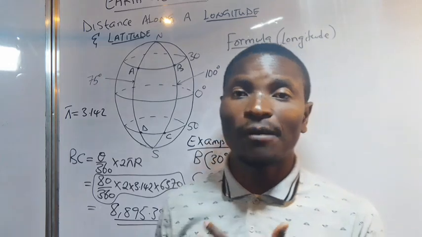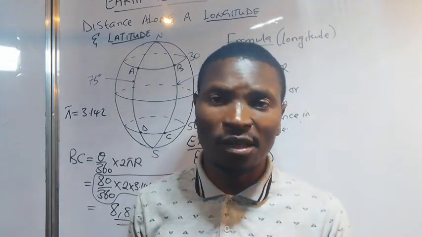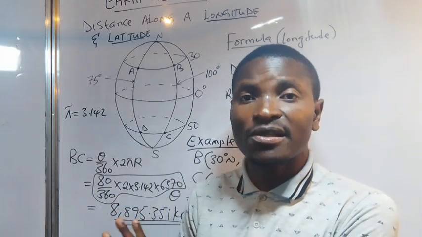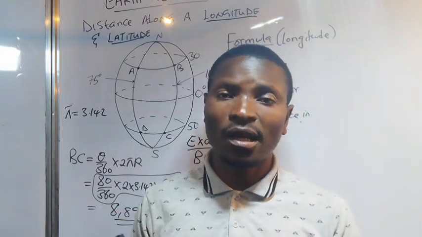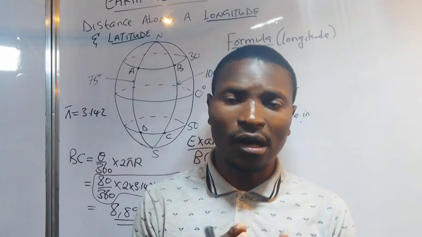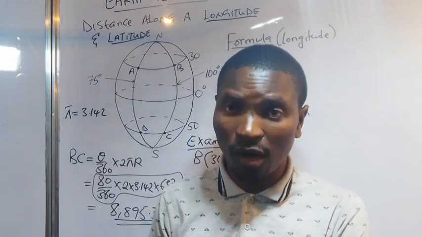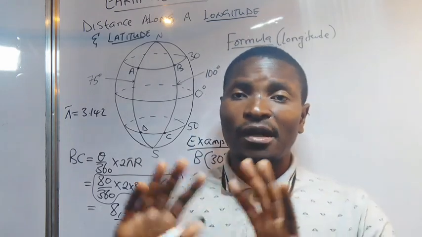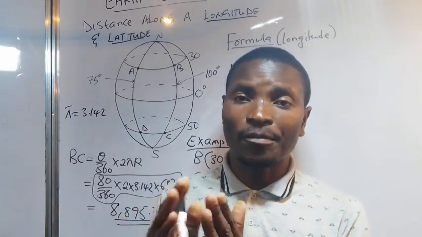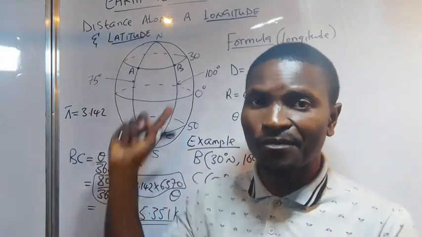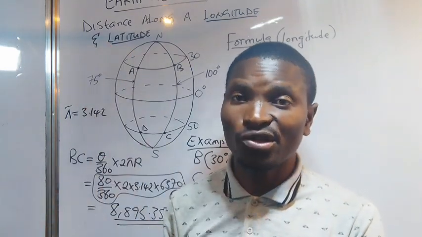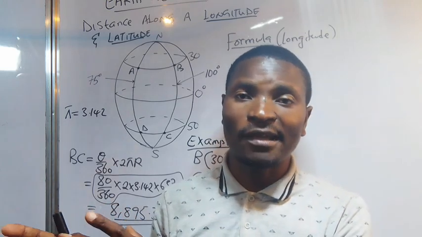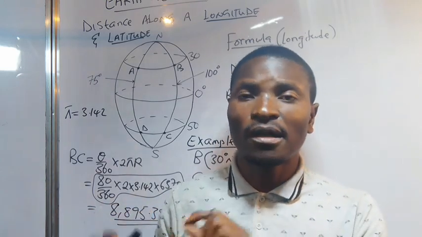For the purpose of showing you, this is just the basic of how you can apply the formula, but there is a lot more in terms of what the instruction says about rounding off, so we have to pay attention to that. So this is about longitude, the distance of 2 points that lie in the same longitude, and this is how you can approach the question. Thank you so much, and we're now going to go into the other segment about latitude.